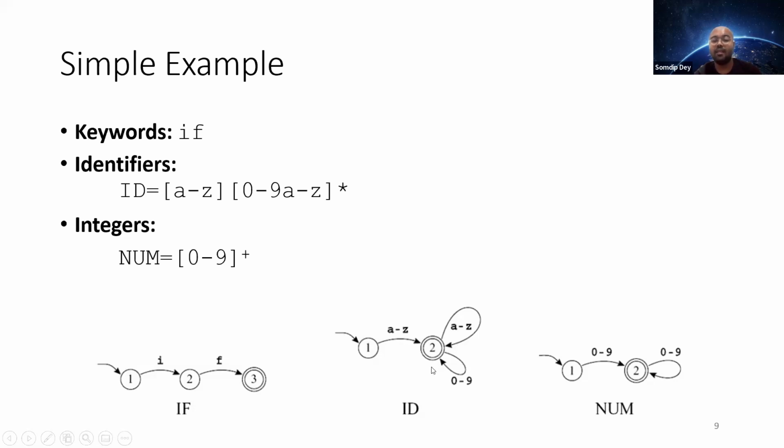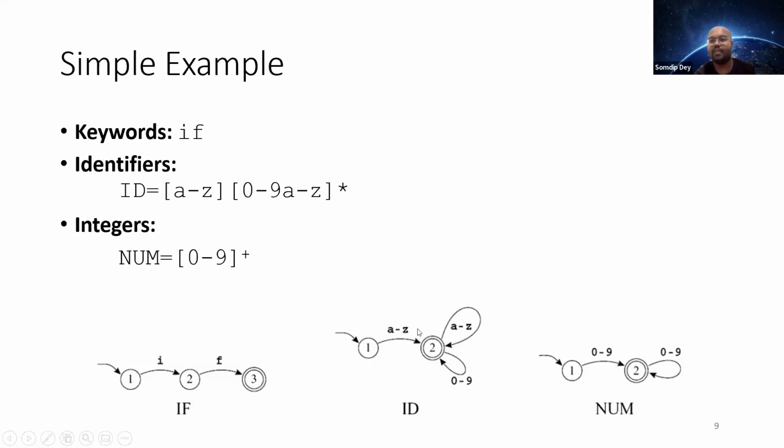Another thing to note is that this machine will also accept the keyword if. But the finite automata for if cannot accept all the strings that this one, ID, accepts. The ID one can accept the keyword if, because it can accept any of the alphabet characters A to Z.